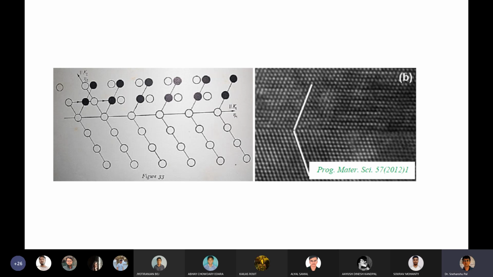Although its role is fairly limited as compared to dislocation glide. If you compare with dislocation glide, its role is not so dominant globally, but it is still one of the significant deformation mechanisms when you are considering materials where dislocation glide is difficult.